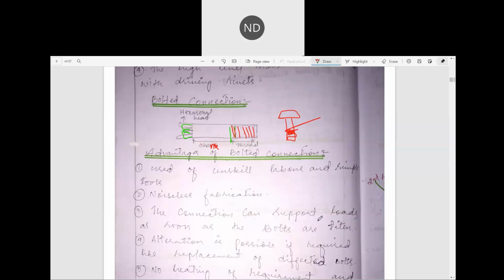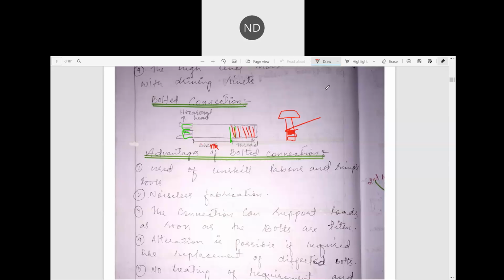Then the connection can support loads as soon as the bolts are tightened. See, in rivets, what happened? You had to do the preheating. Once you do the preheating, you connect the two plates and then again hammer the bottom portion or melt.